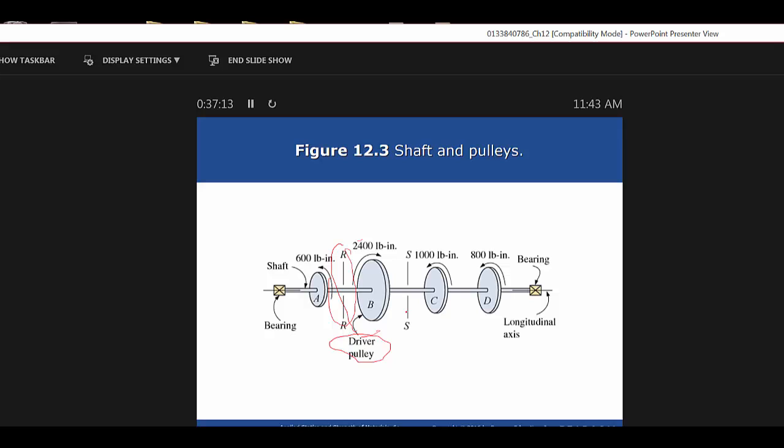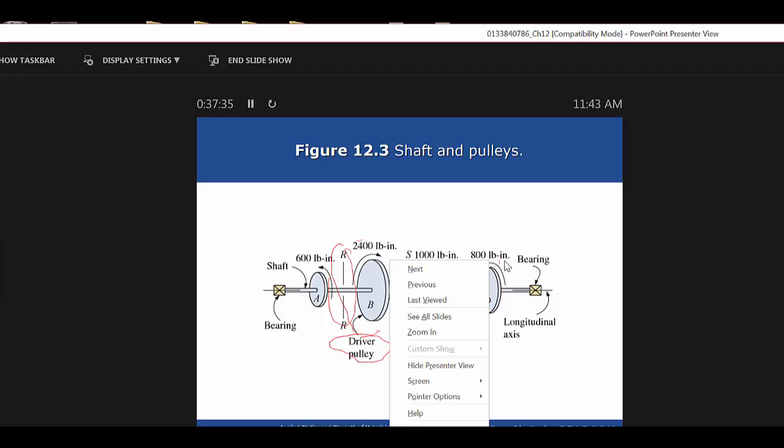So, in other words, if we cut it here at S and look back this way, what's going on? Well, if we add those two up, we've got 1,800 pounds-inches trying to go this way, right?